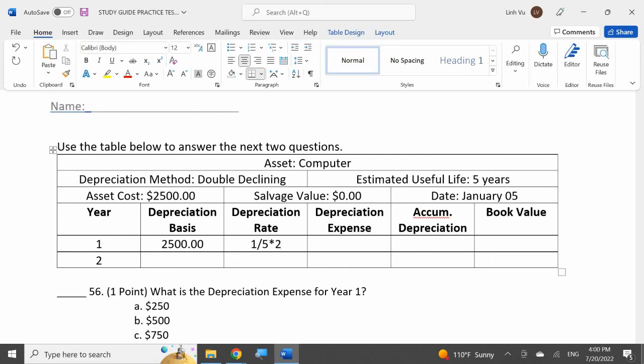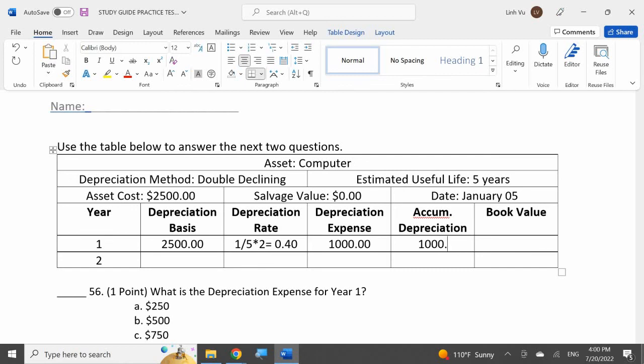Yes, it's double the amount. So in this case, 40%. Okay. So in this case, depreciation expense is going to be basis times rate. It'd be $1,000. You're going to depreciate it for $1,000.